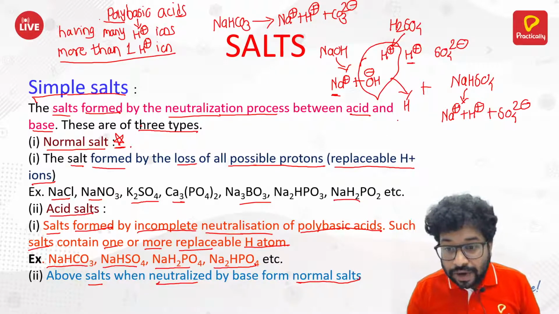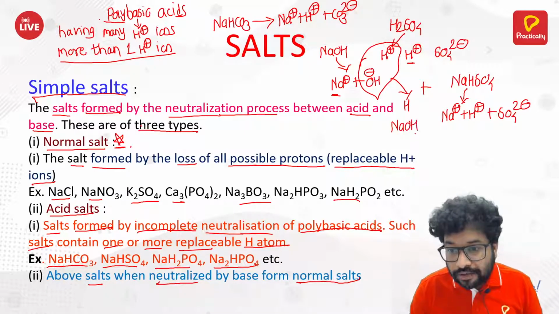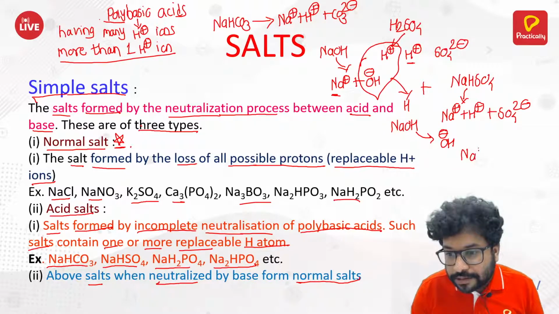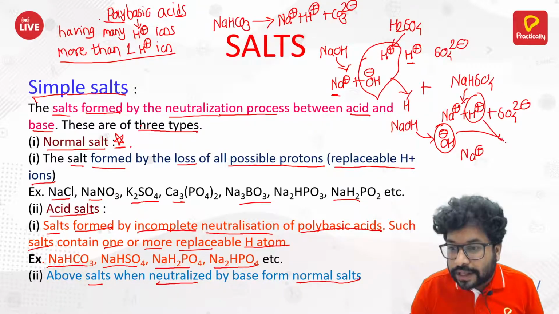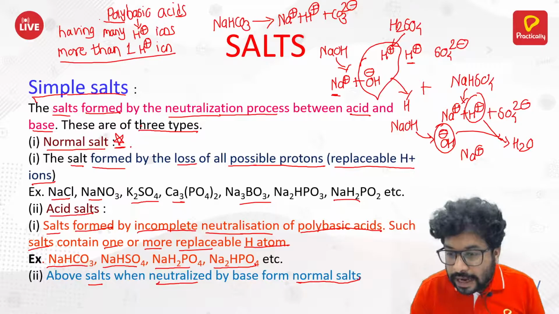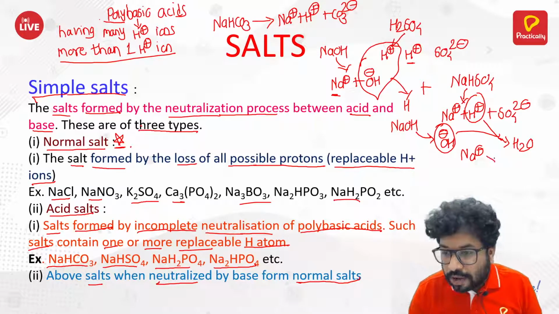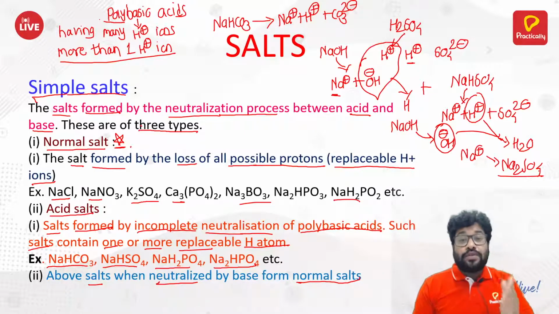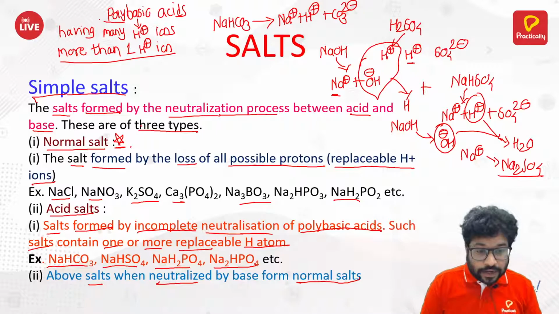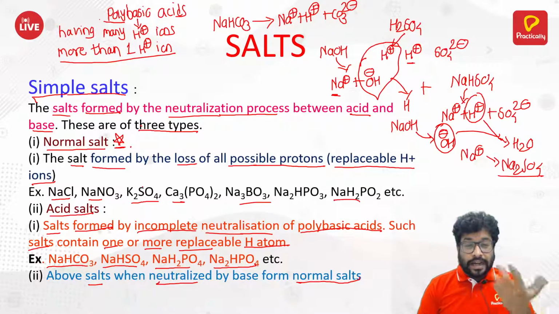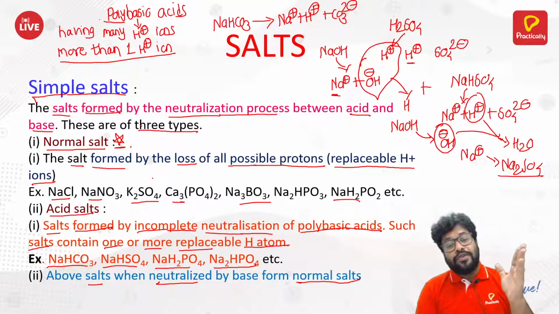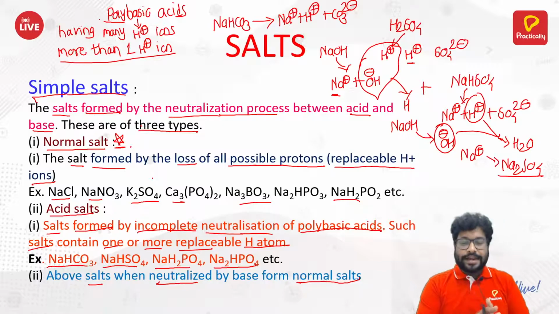Now you can bring in NaOH, which releases OH minus and Na plus. This H plus and OH minus combine to give you water, and Na plus, Na plus and SO4 2 minus give you Na2SO4. Na2SO4 is now a normal salt, like K2SO4 and Na2SO4 I showed you earlier. So an acidic salt, when reacted with a base, gives you a normal salt.